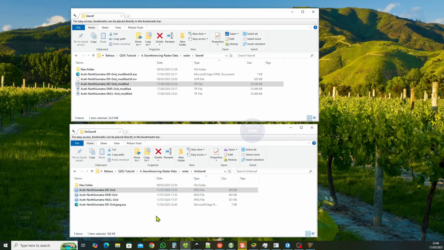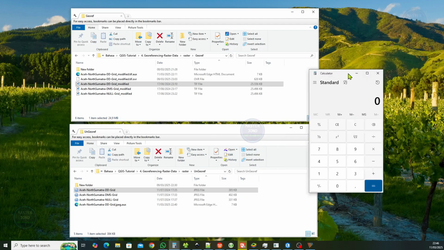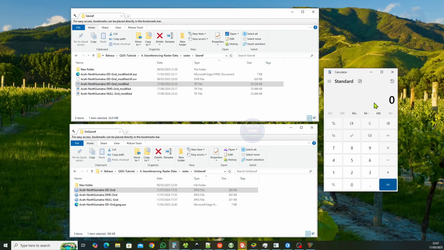And the second is the size. Here for the ungeoreferenced, the size is 385 kilobytes, but for the georeferenced one, we have 25,556 kilobytes. Wow. Or 25 megabytes. If we do the calculation here, how many times is it getting bigger?